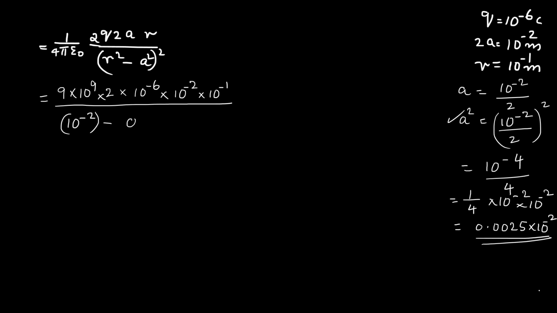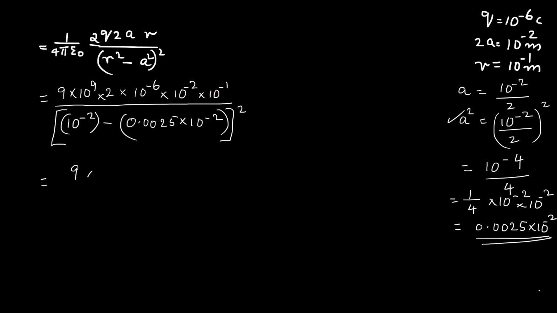So r square minus a square becomes 1 into 10 raised to minus 2 minus 0.0025 into 10 raised to minus 2, the whole squared. The numerator: 2 into 10 raised to minus 6 into 10 raised to minus 2 into 10 raised to minus 1 becomes 2 into 10 raised to minus 9.